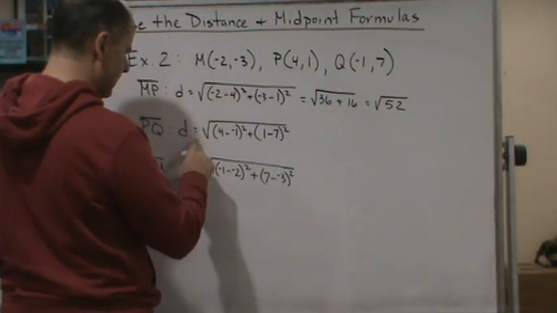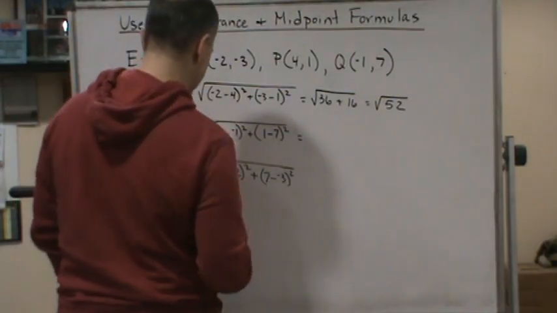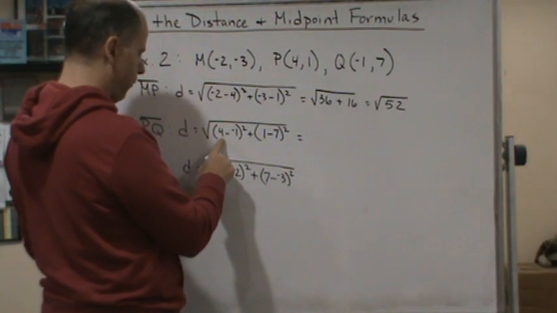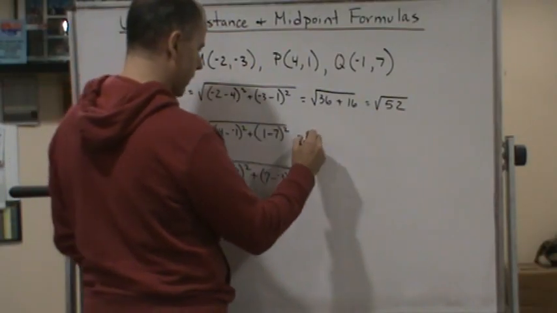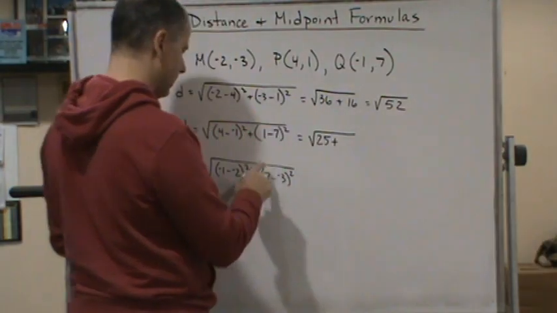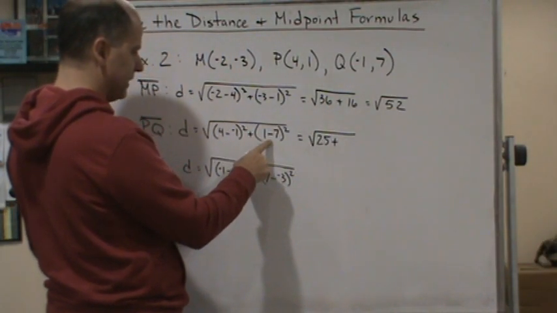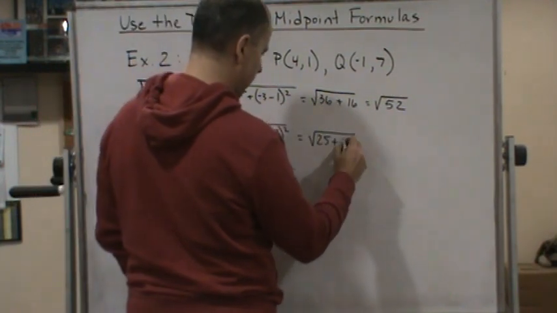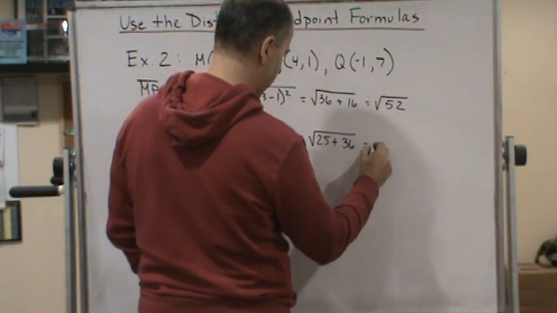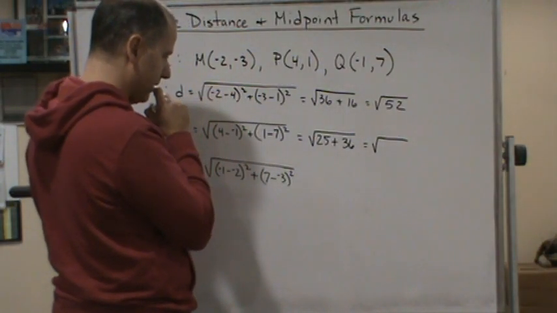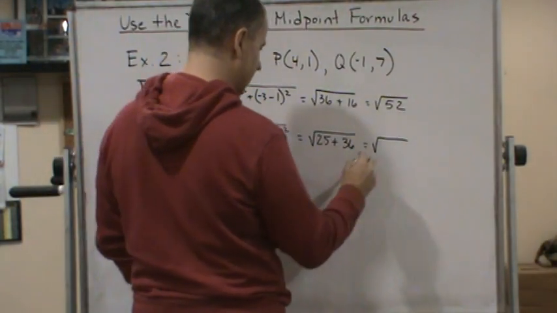Now, this distance is going to be what? This is 4 minus a -1, so that's 4 plus 1, so that's 5. So that's going to give us the square root of 25 plus, and this is -6. 1 minus 7 is -6, which is going to give us 36, which is going to give us the square root of what? 61.